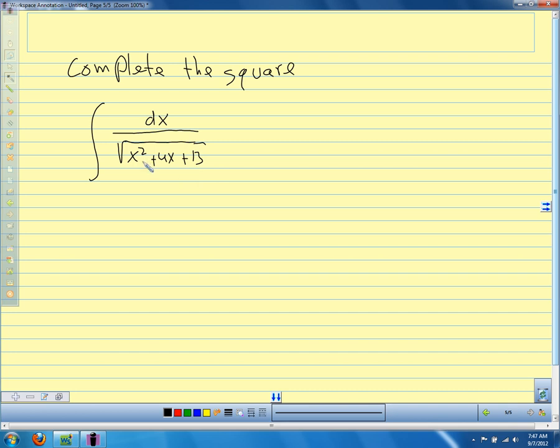So what I'm going to do is complete the square in the denominator. So I'm going to say that x squared plus 4x plus 13 equals x squared plus 4x plus 4, plus 13 minus 4.